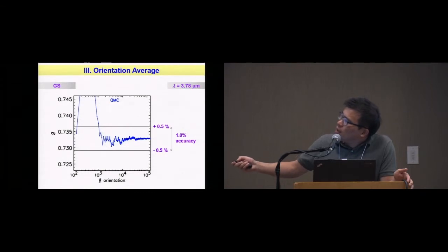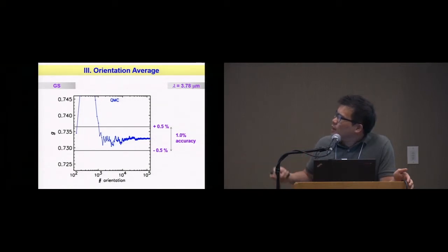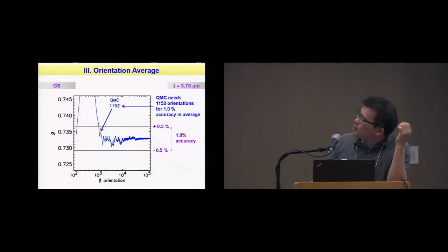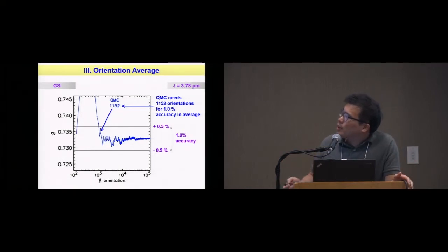So if the asymmetry parameter falls between these lines, then it achieved 1.0% accuracy. The blue one is using the quasi-Monte Carlo method, and we read this minimum number of orientations. For example, QMC requires 1152 orientation averages to achieve this 1.0% accuracy.